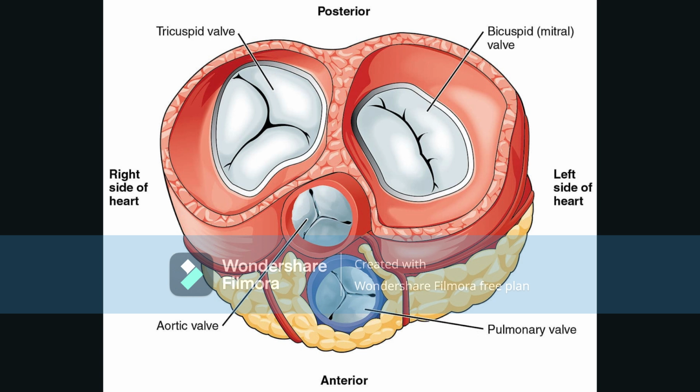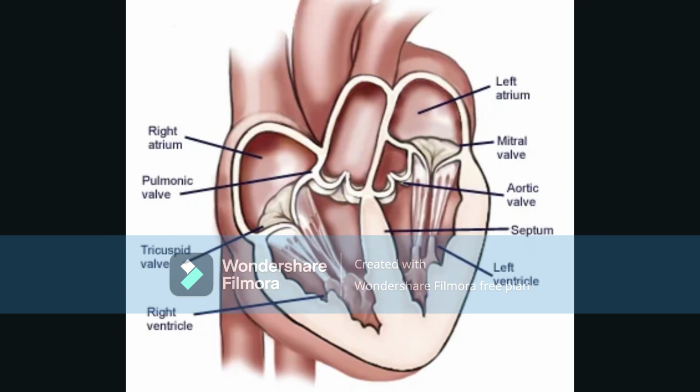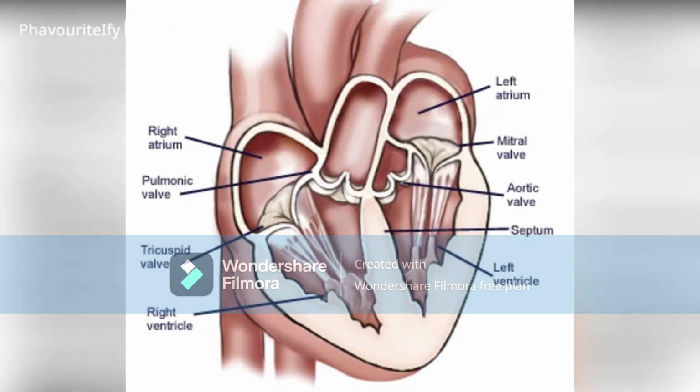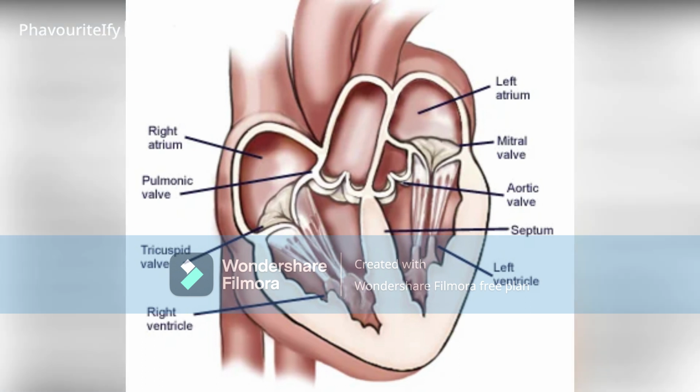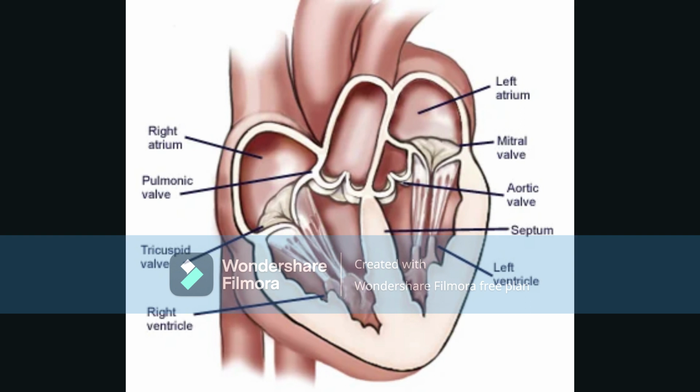This pulmonary valve is located between the right ventricle and the pulmonary trunk. You can see the label there. This is the pulmonary trunk, and this is the right ventricle here.